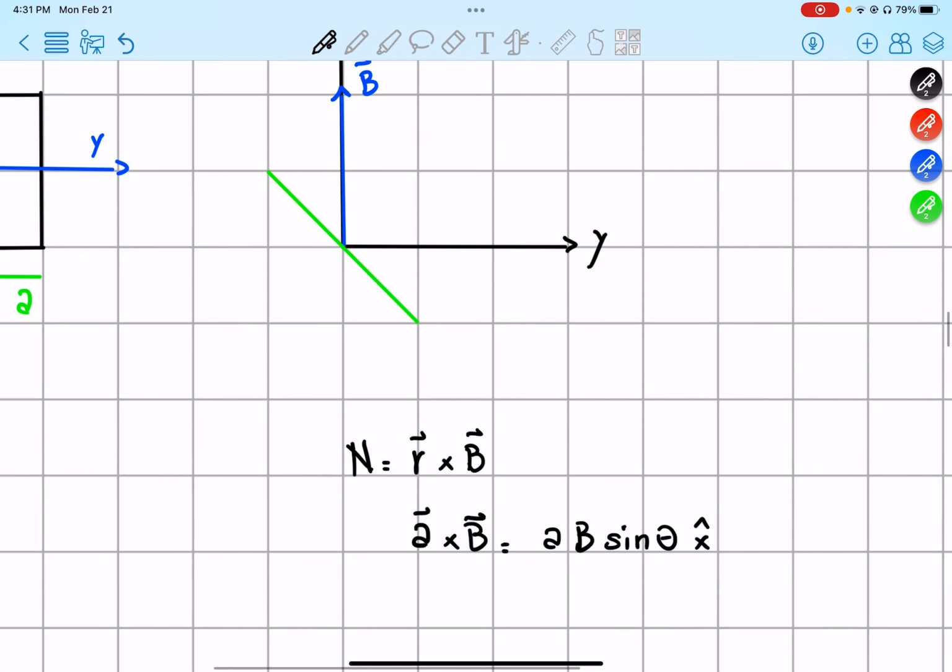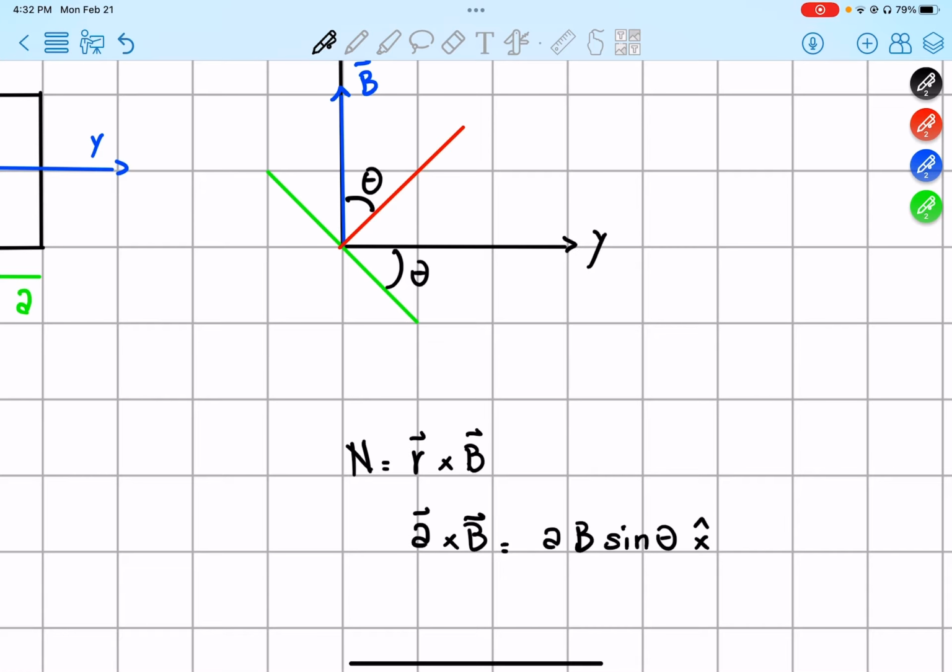Now, why sine of theta? Well, theta is the angle that is created between the normal of our plane and the magnetic field, which would be the same over here.